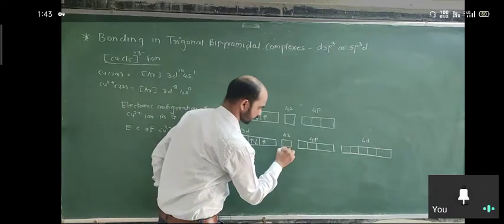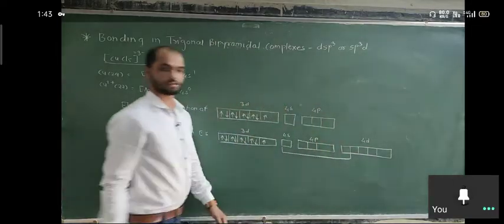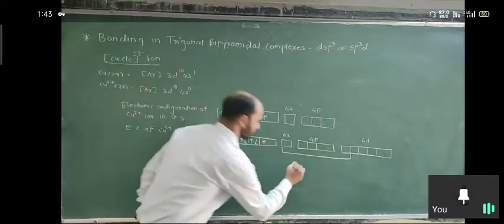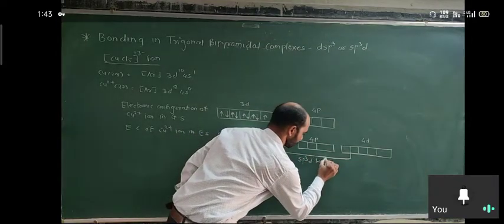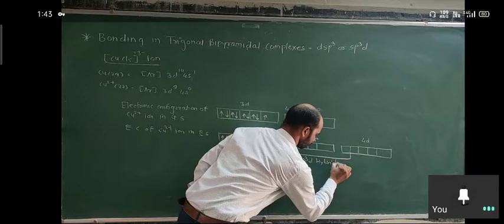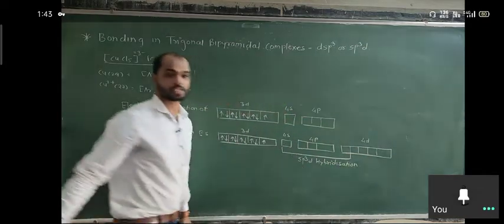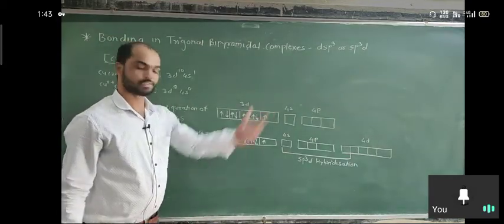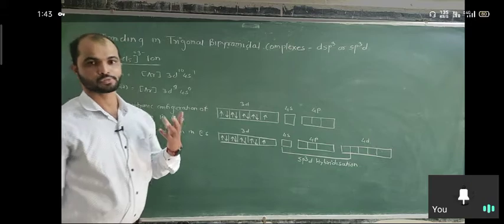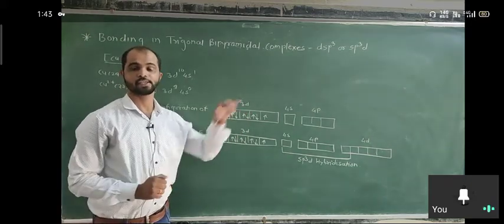So yes, p3 and up to this, so called sp3d hybridization. sp3d hybridization is possible. So when the next d is used, we have a number of possibilities: sp3d, sp3d2, sp3d3.